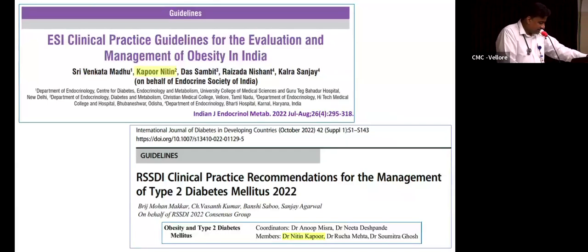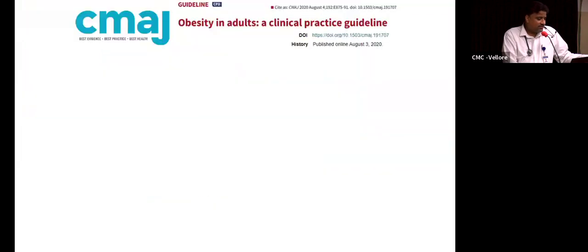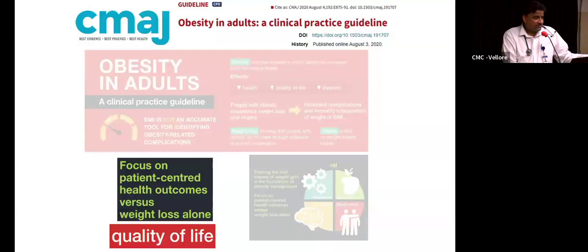The two main guidelines from India that we've had on obesity, one was by the Endocrine Society of India, another one by RSSDI, which talk about obesity management. And what they all endorse today is that when we manage obesity, our aim is not just weight loss, but to improve patient-centered health outcomes, to improve the quality of life of the patient.